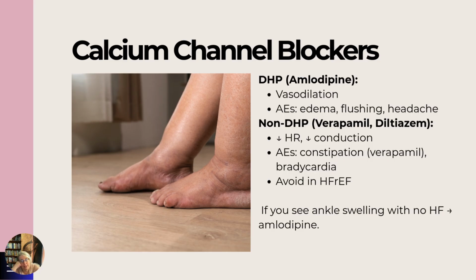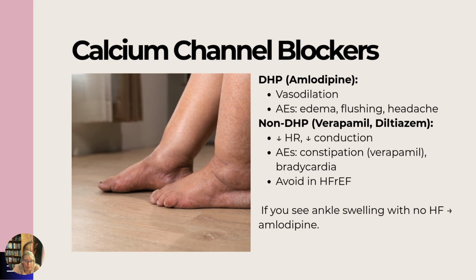Places where we might see this used, obviously we use it in hypertension, but you might see the DHPs used with hypertension that has Raynaud's or vasospastic angina. The main drug for the DHPs is amlodipine, and it's used for vasodilation in the periphery.